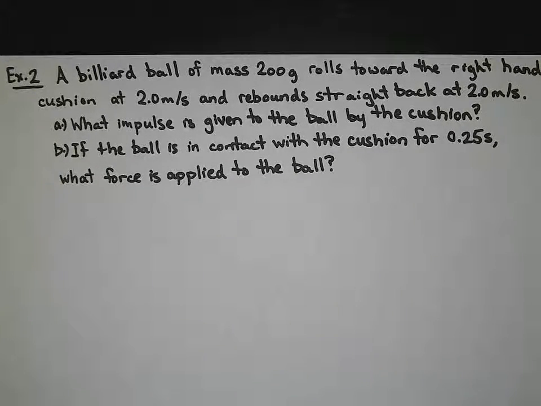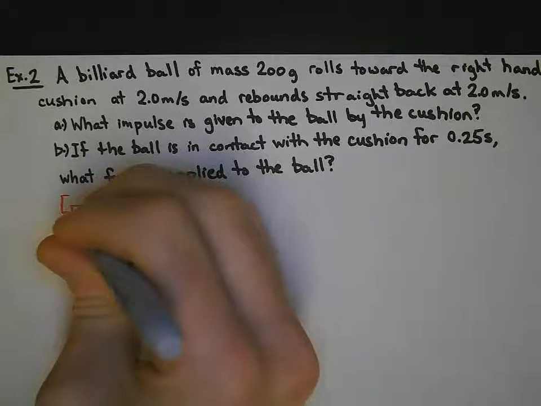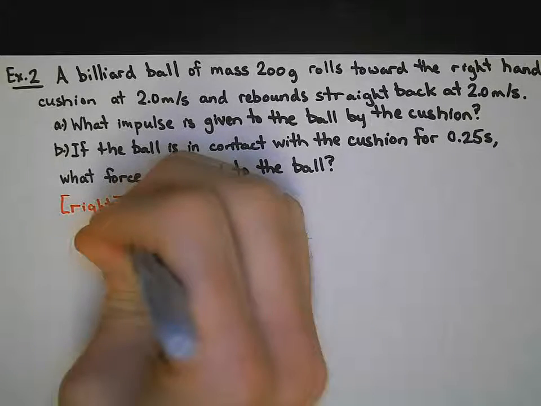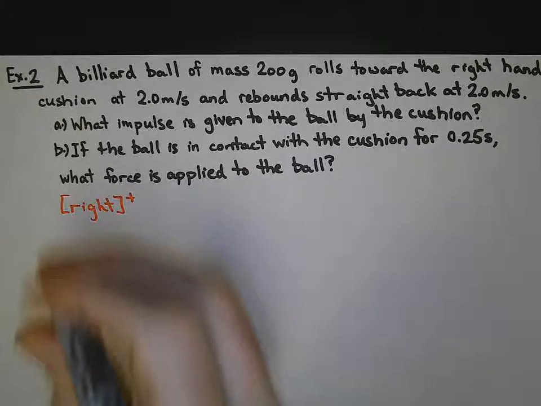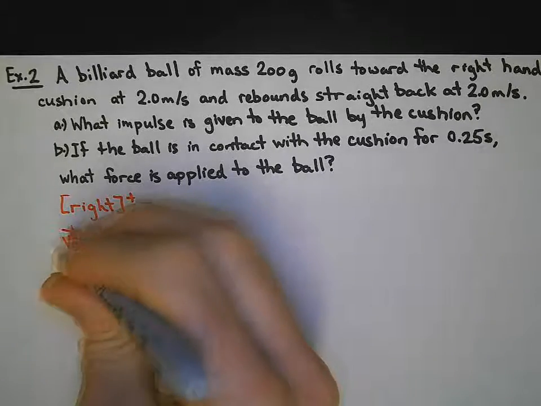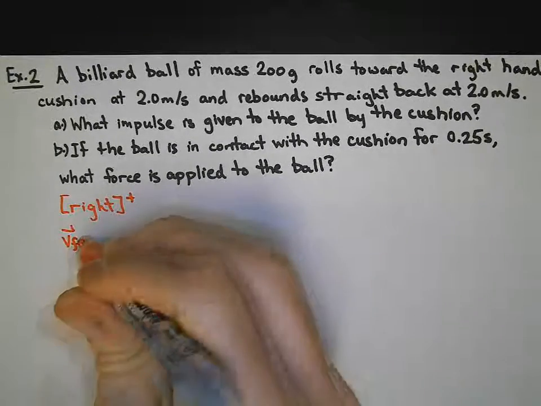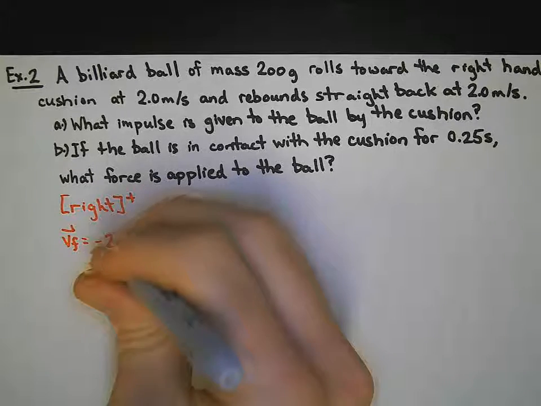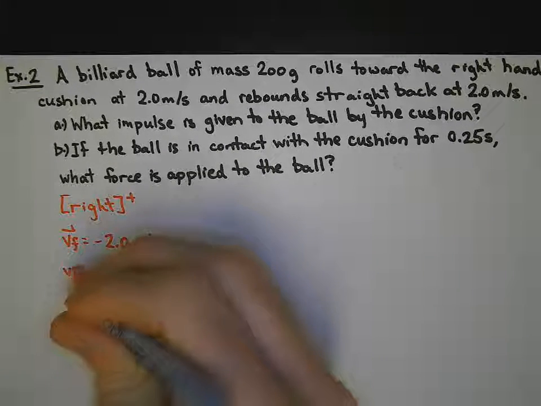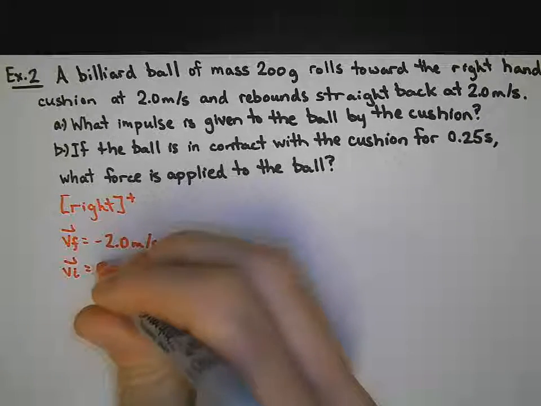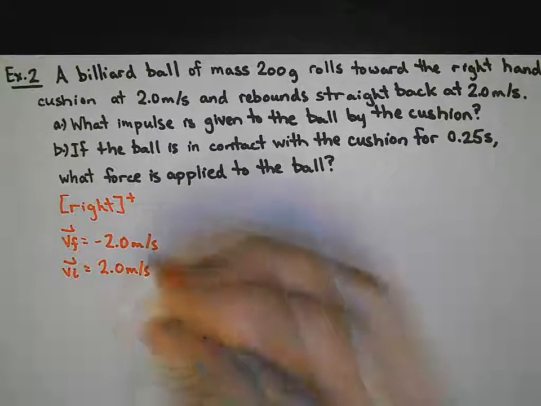For this problem, we shall set the direction of right as the positive direction. And we will see in this case that our final velocity, Vf, is equal to negative 2.0 meters per second as it's rebounding back towards where it came from, so to the left. And Vi in this case, going to the right, is 2.0 meters per second.